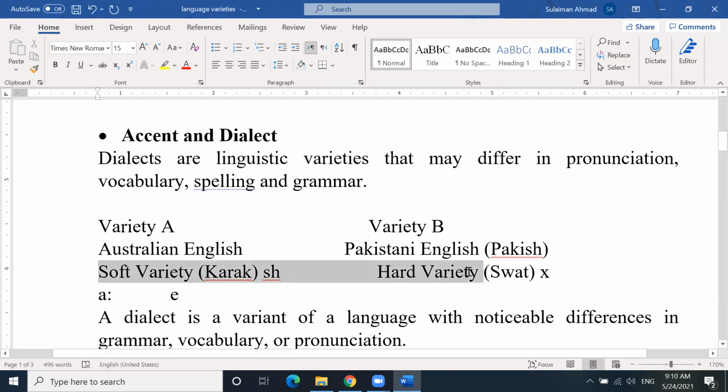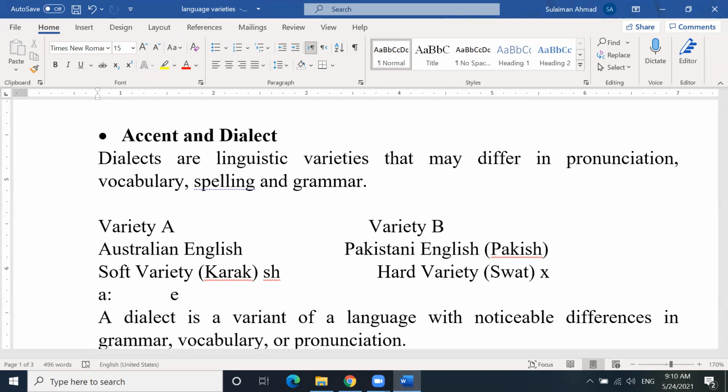So if we talk about these phonological differences only, then we say the Karak accent, Banu accent, Swati accent, Charsadda accent of Pashto. Like Charsadda people, they hardly make any difference between pa and fa. This is khapayam fa. They do not say khafayam khafa. So these are accents in terms of pronunciation.